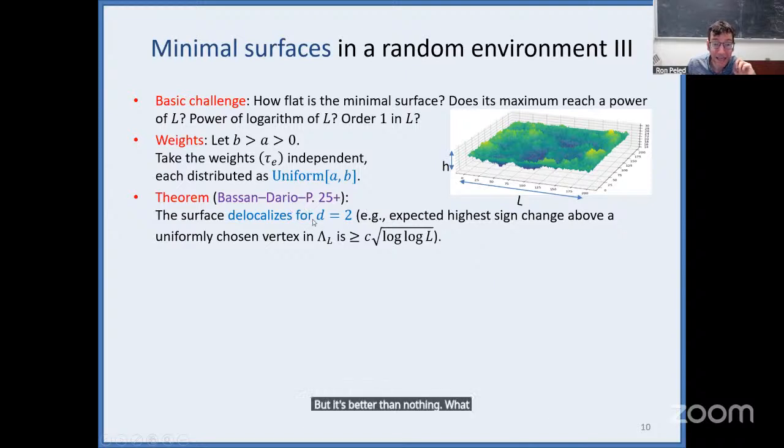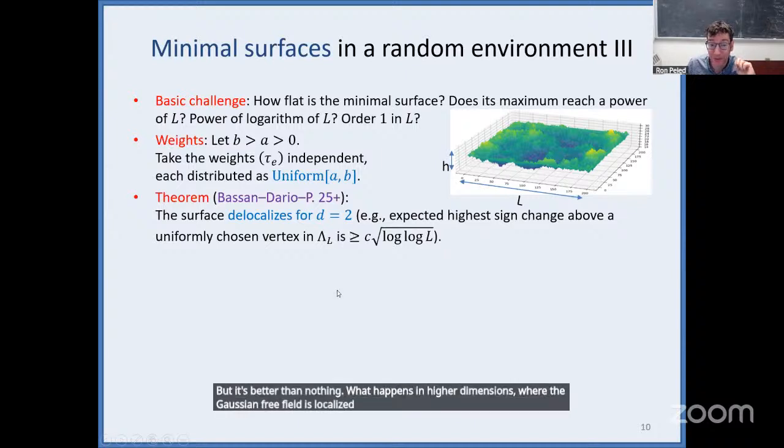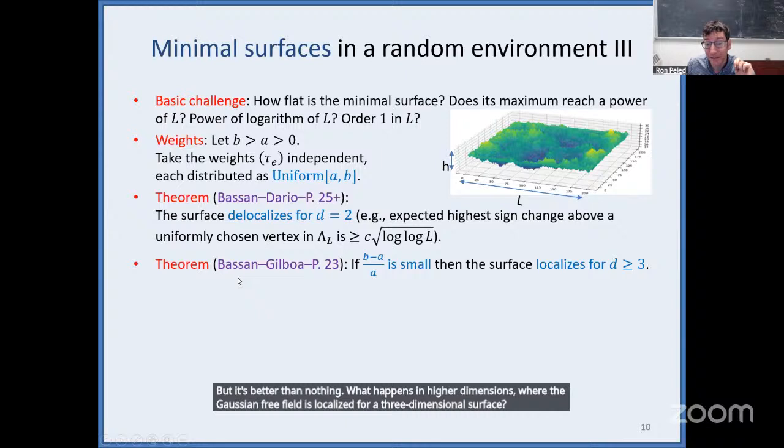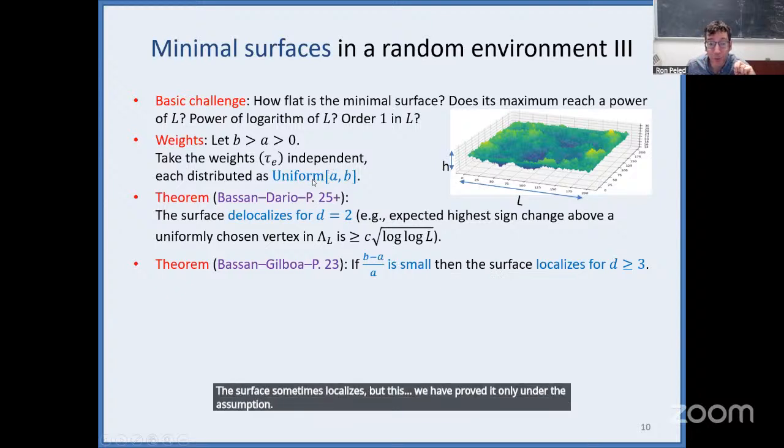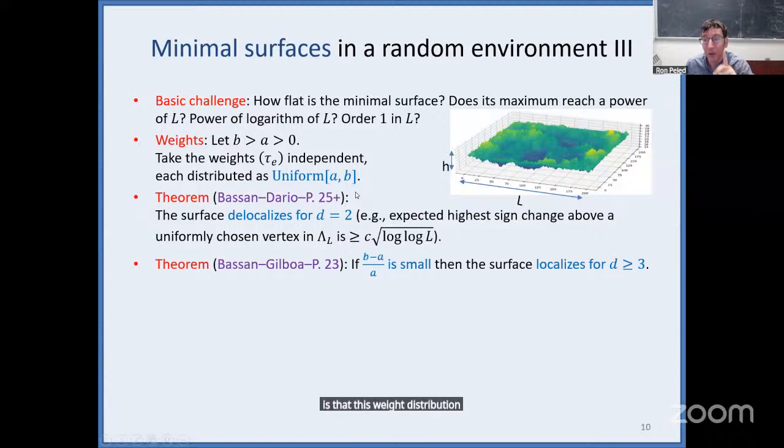What happens in higher dimensions, where the Gaussian free field is localized, for a 3-dimensional surface? With Michal Bessan and Shoni Gilboa, we have proved an interesting thing. The surface sometimes localizes, but we have proved it only under the assumption that this weight distribution is close to a constant.